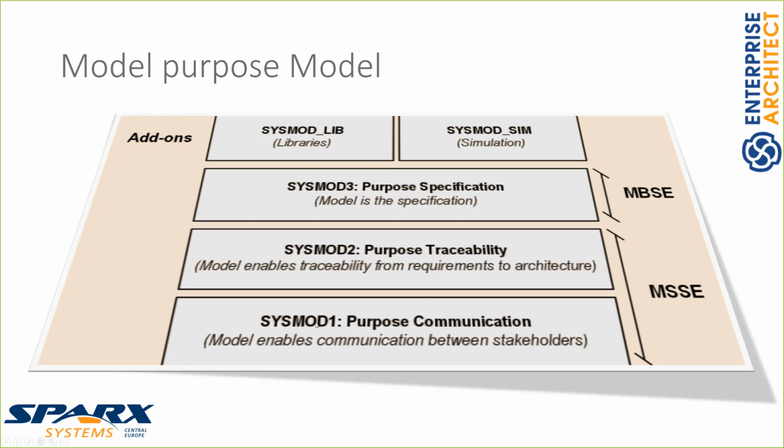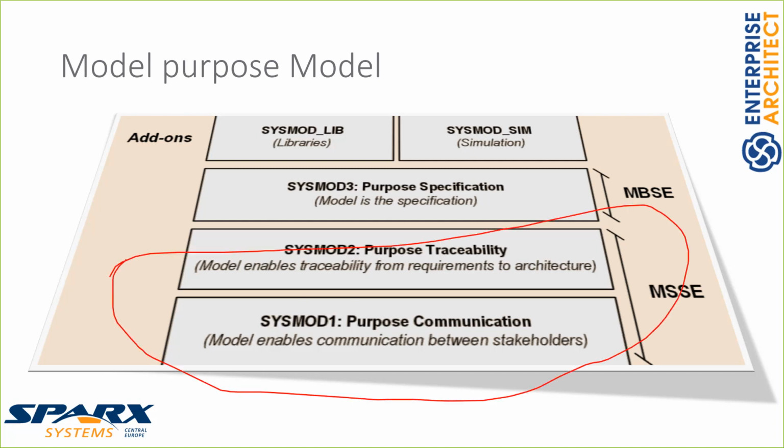The first two levels, SysMOD 1 and SysMOD 2, are model-supported systems engineering. That is to say that the models support the engineering process, but the primary source of the engineering data are in most cases other elements outside of the model.